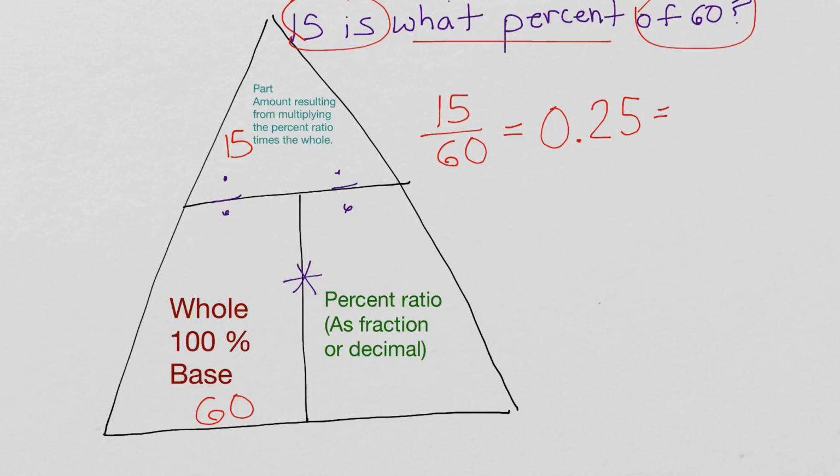If we multiply by 100 to turn this into a percent, we get 25%. So 15 is 25% of 60. If we wanted to double check this, we could do 25% times 60, and we would get 15.